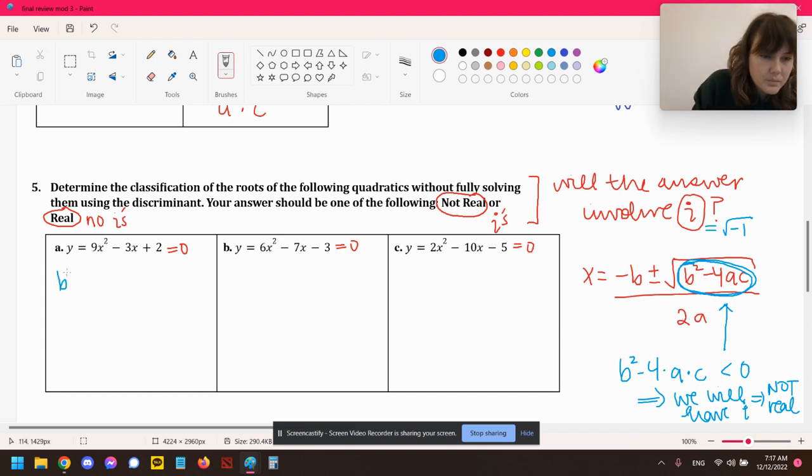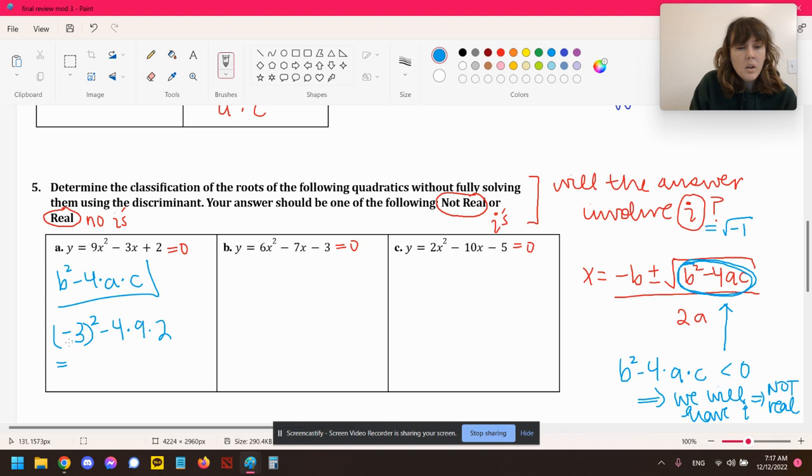So let's see. B squared minus 4ac is negative 3 squared minus 4 times 9 times 2. Negative 3 squared is 9. 2 times 4 is 8. 8 times 9 is 72.